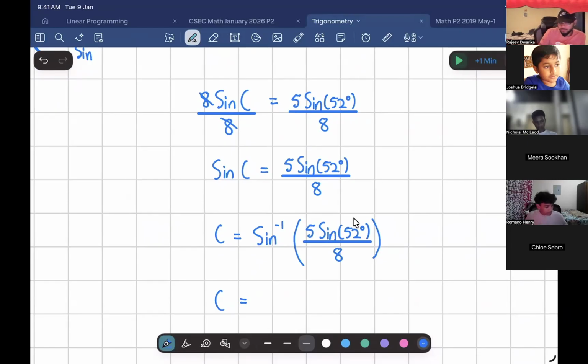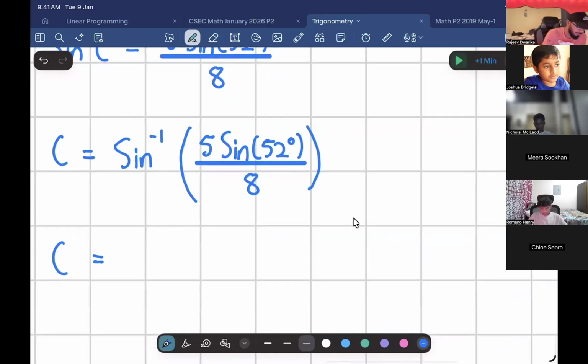Okay, don't worry. Let's get on my phone. If I press second function sine. Wait, you can't use your phone in the exam. So enter second function sine, right?